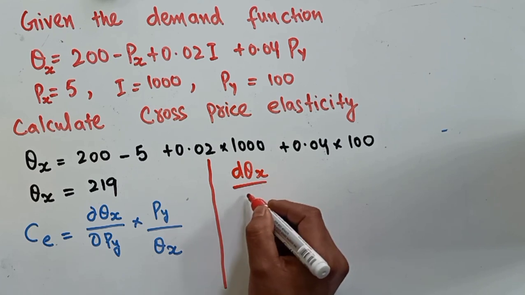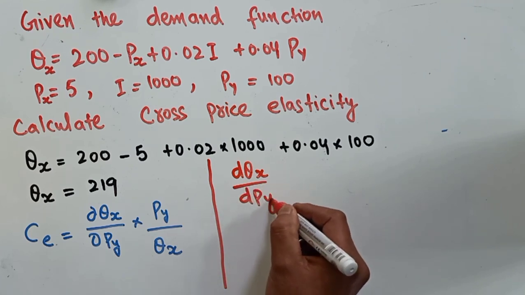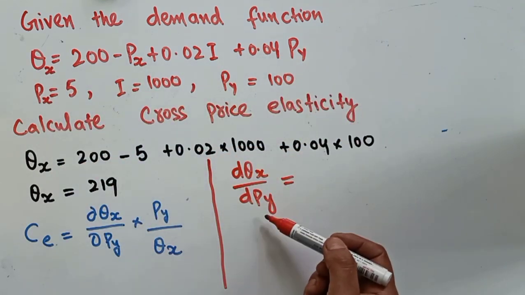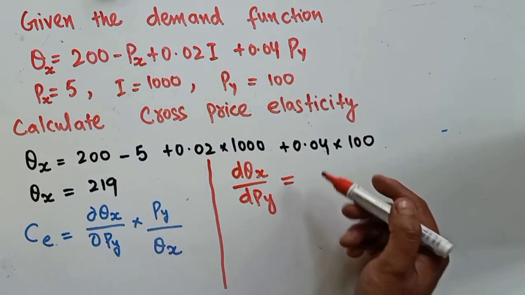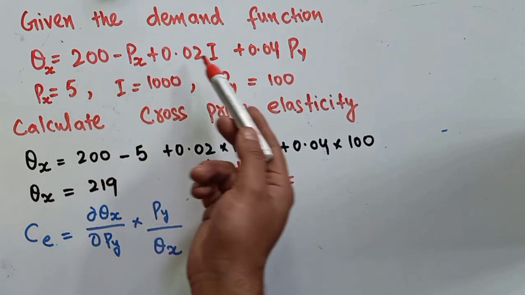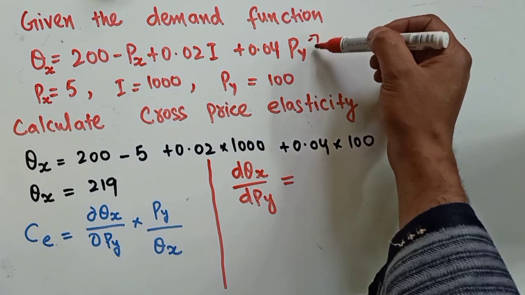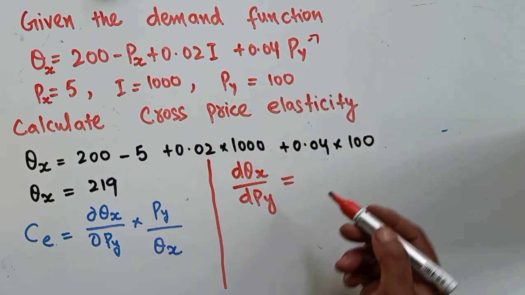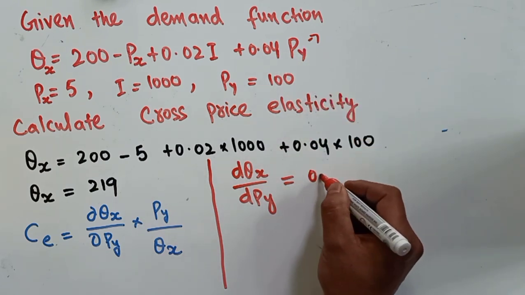So dQx upon dPy means we need to take the derivative of this demand function with respect to price of good Y. Since no Py is involved in the first three terms, and here we have Py, the derivative of Py will be 1, so we are left with 0.04.